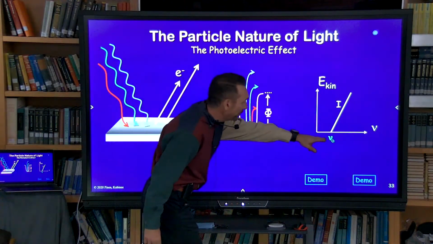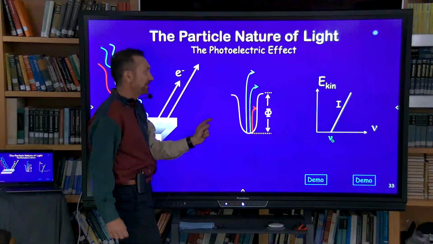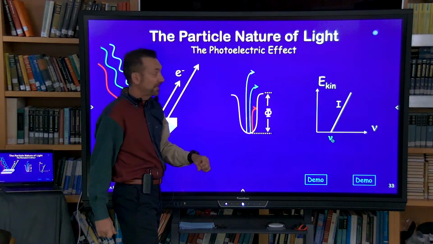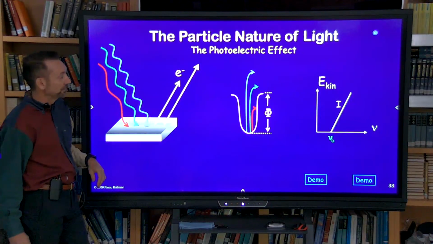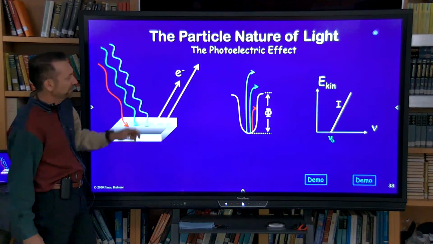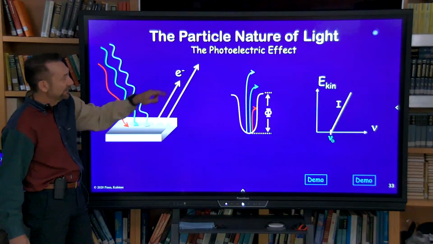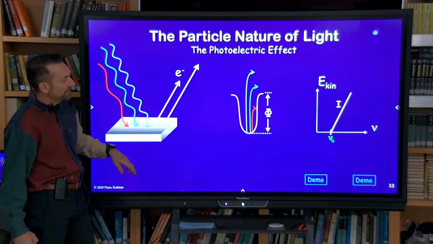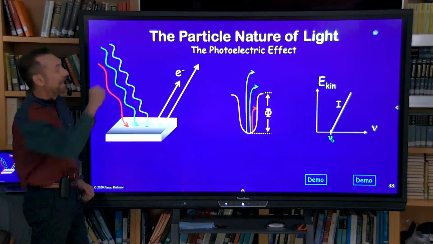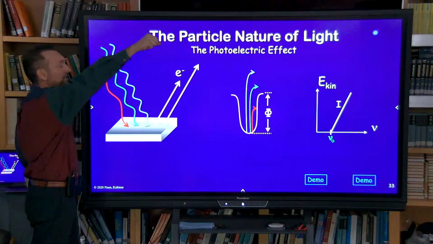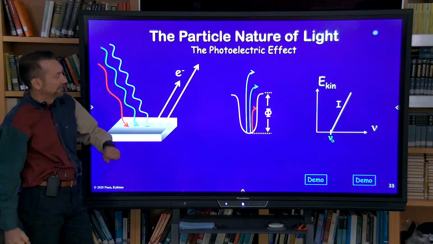This minimum frequency that just gets the electron off the metal, we'll call nu naught, nu 0. That's just what you need. All the rest of the energy, if there is any, goes into kinetic energy. So this is the amount of energy needed to ionize, to get that electron off the metal.